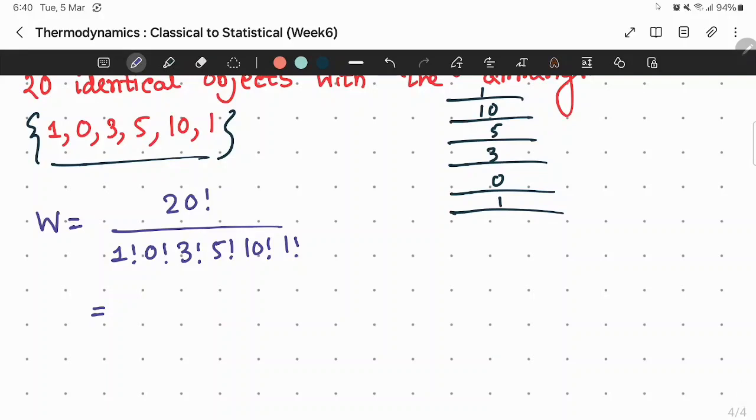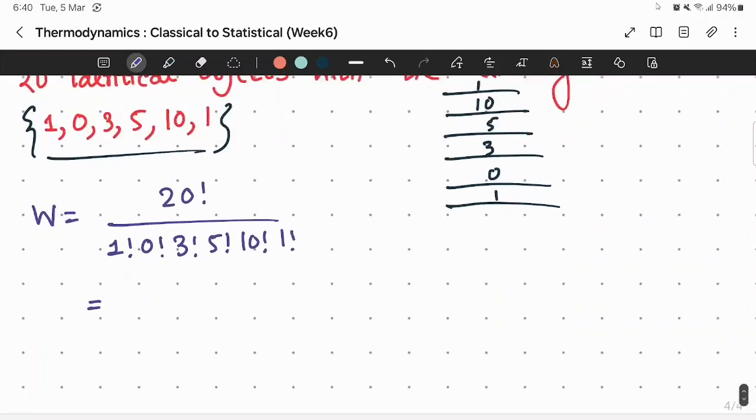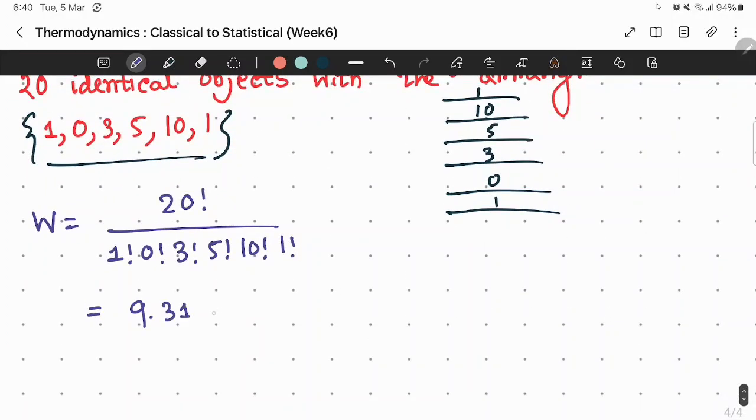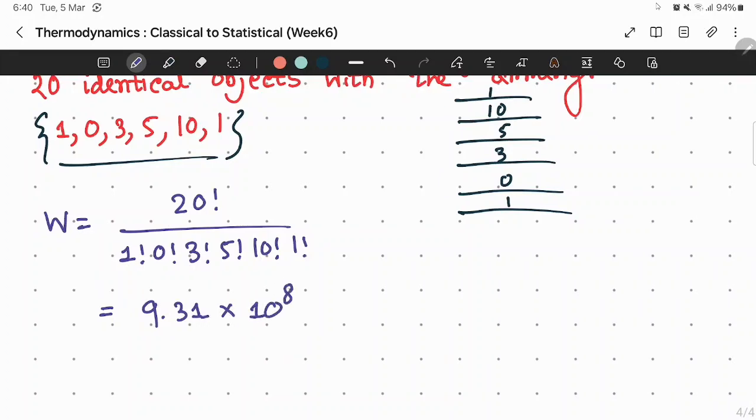If you use the calculator, it is eventually coming 9.31 into 10 to the power 8. So a huge number of arrangements.